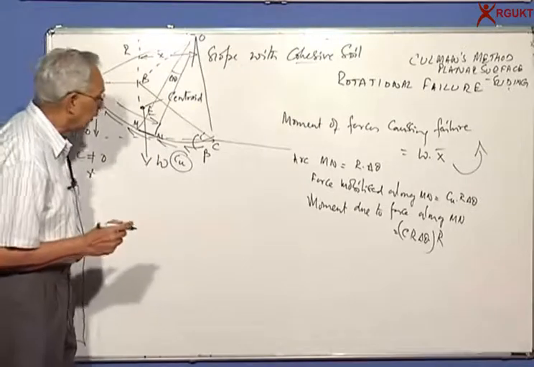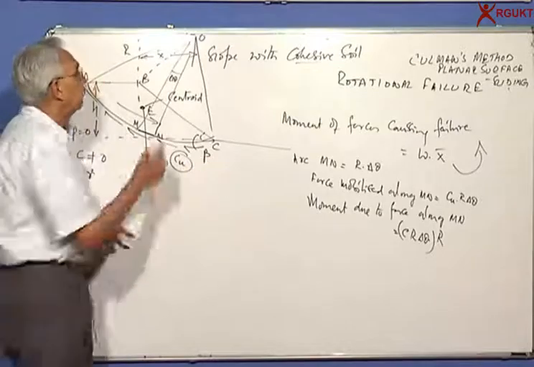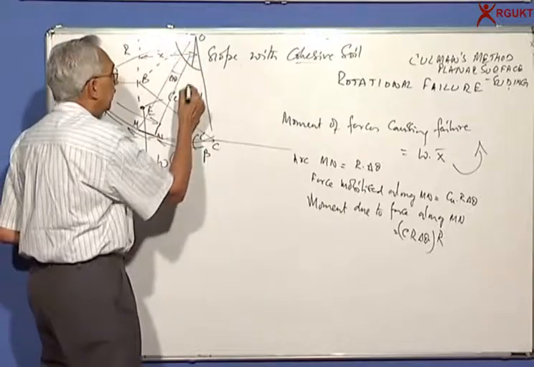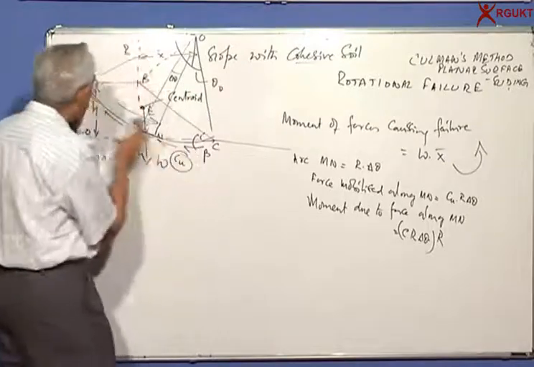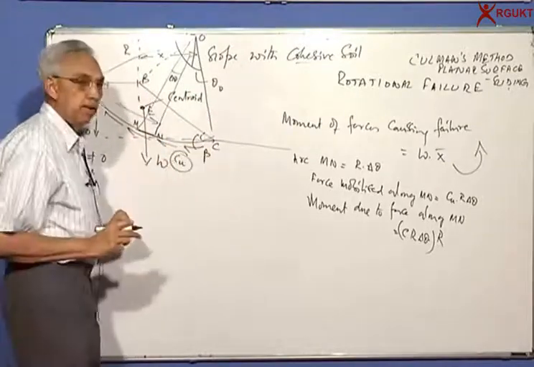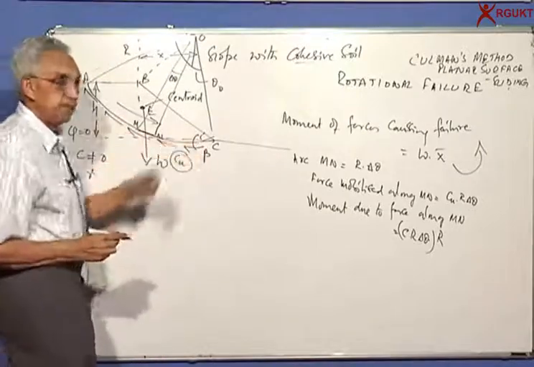What will be the total force? I have to integrate from A to C, and if this angle is, let us say, some theta naught, can I say that the arc length is equal to R into theta naught, and all the forces will have the same lever arm.